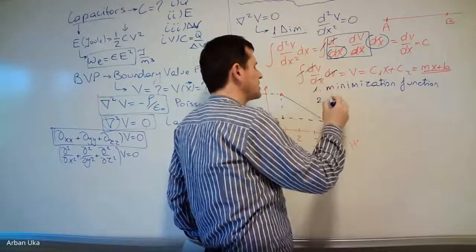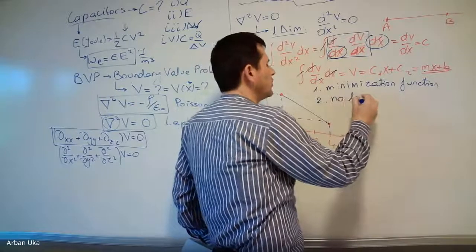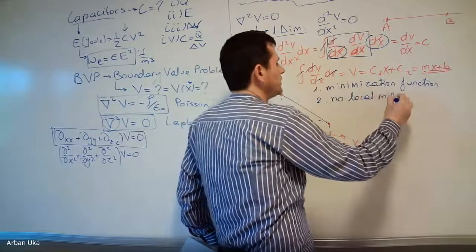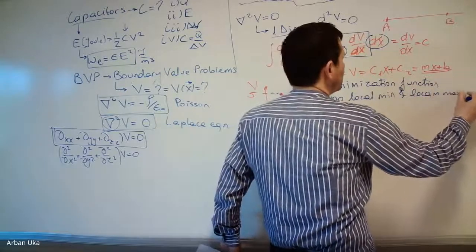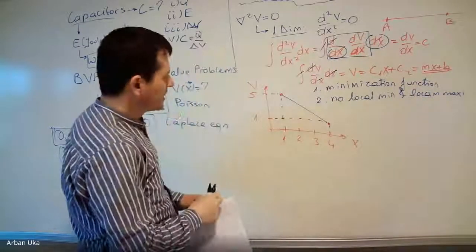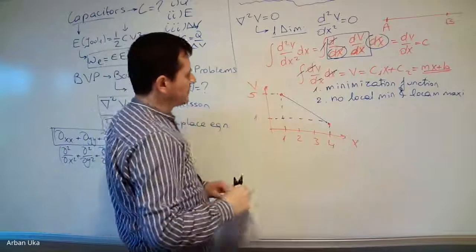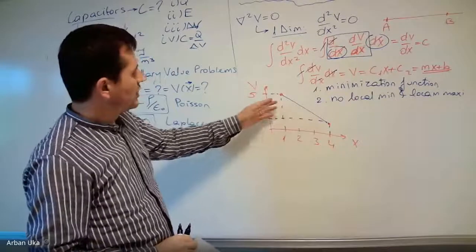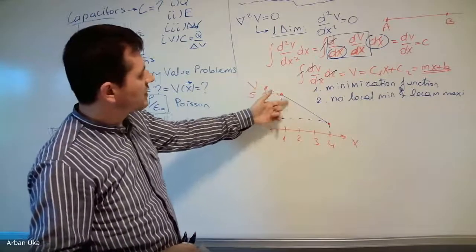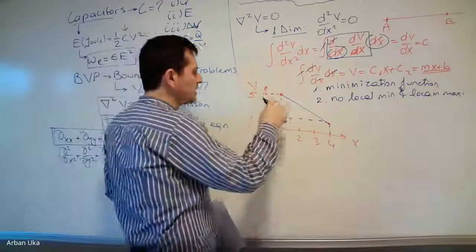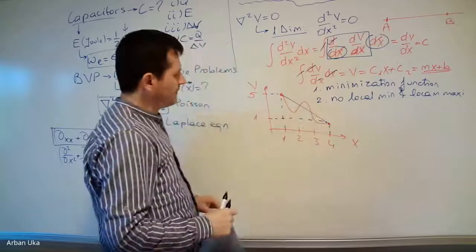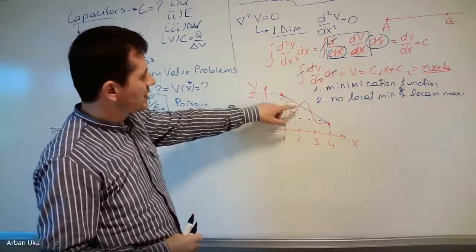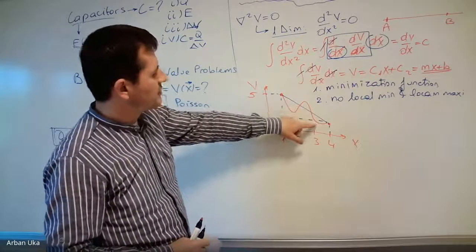Another important aspect is that we have no local minima or local maxima, which means that we can never get a solution that looks like this. So let's say we know these 2 points. We need to find the value of potential in the intermediate values. We would never get a solution that is going to look like this, because this would be a local minima, this would be local maxima, local minima.